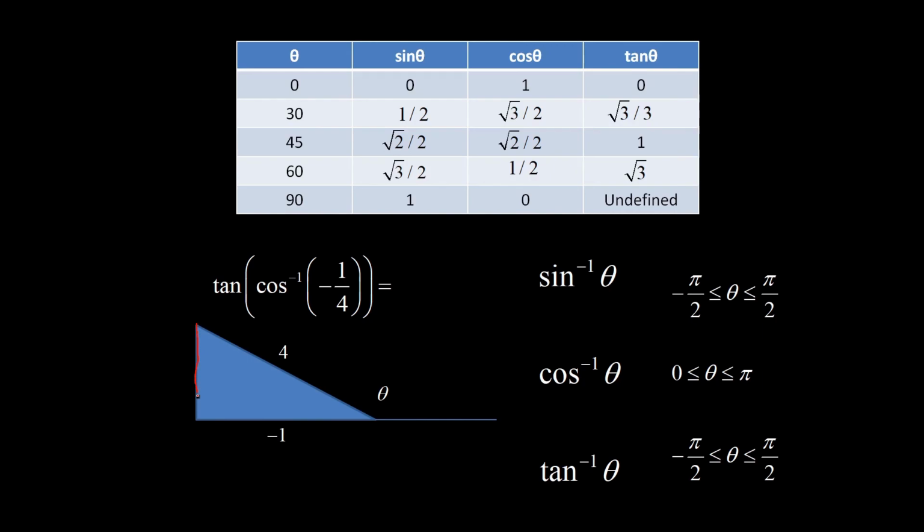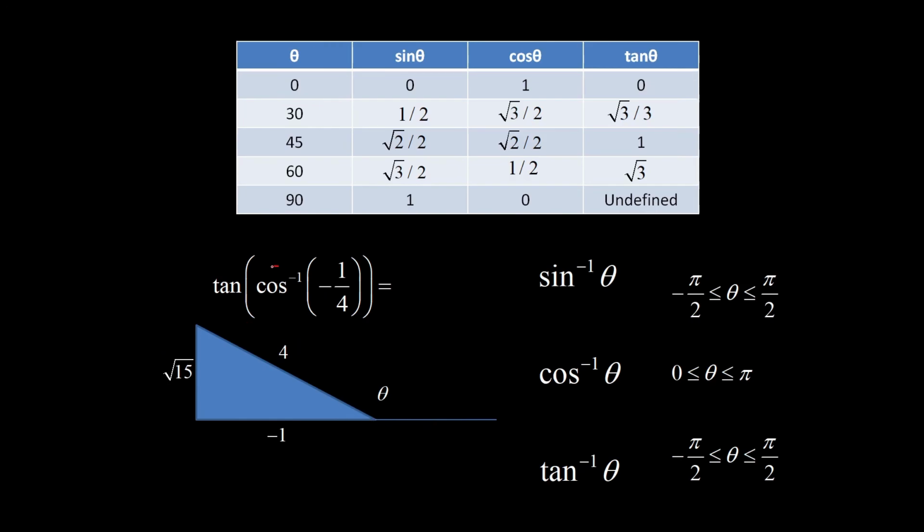And to get the other leg, we use Pythagorean theorem. And now that we have our right triangle completed, we can answer all the trig questions.